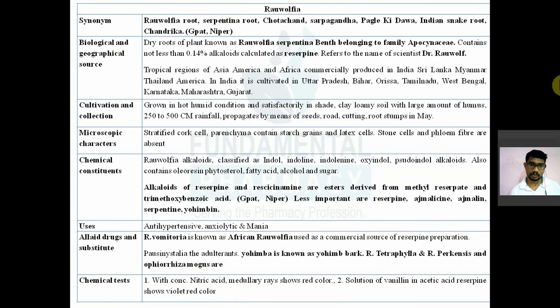Next one is Rauwolfia. Remember its synonyms. Rauwolfia is also known as Rauwolfia root, Serpentina root, Chota Chand, Sarpagandha, Pagle ki dawa, Indian snake root, Chandrika. These are the synonyms for Rauwolfia. What is its biological source?